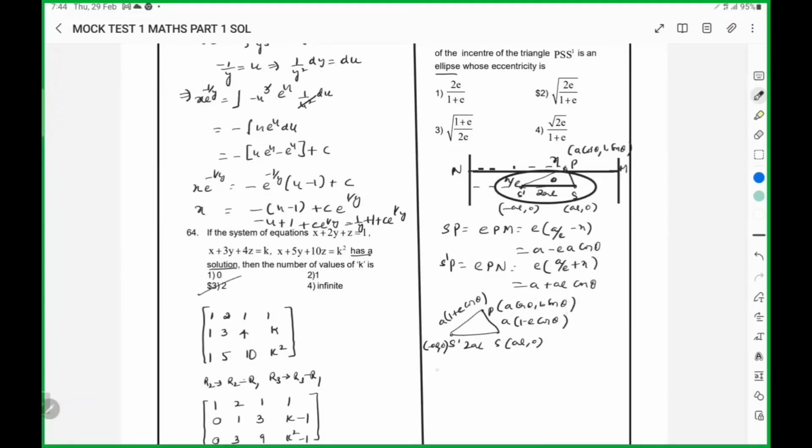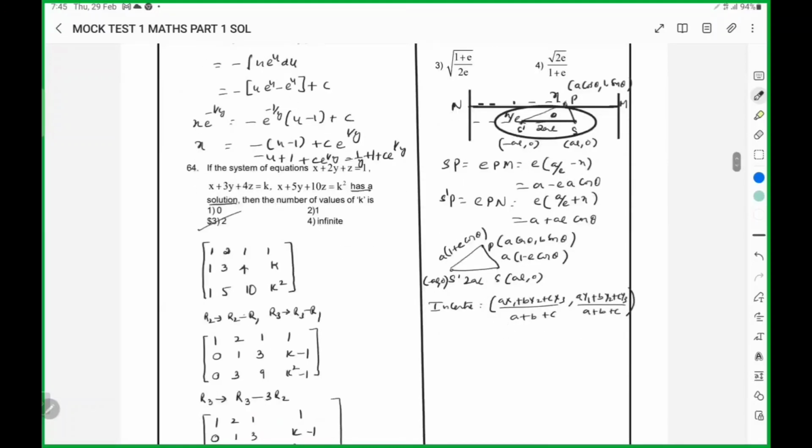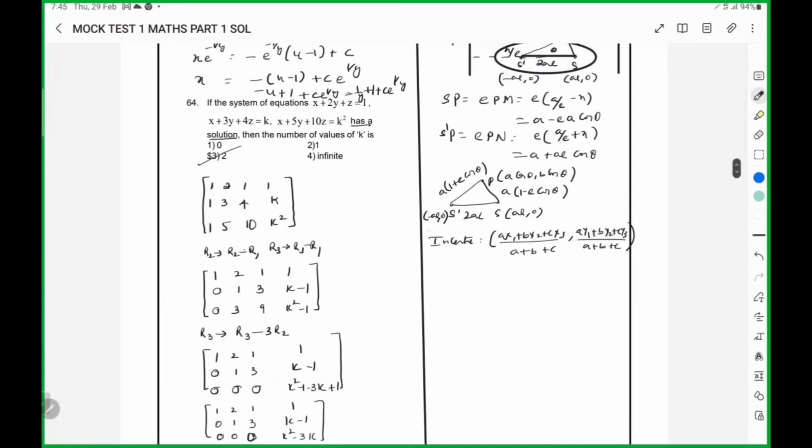For the incenter formula, it is aX1 plus bX2 plus cX3, where a, b, c are the lengths of the sides, and aY1 plus bY2 plus cY3, by a plus b plus c. Here, let us start by taking X1, Y1, X2, Y2, X3, Y3.